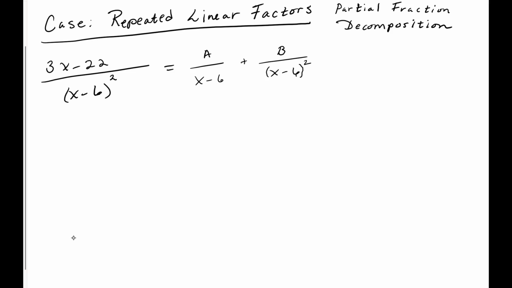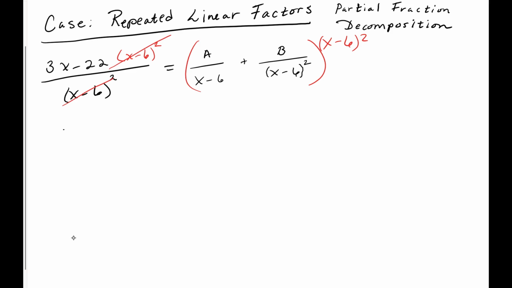So what we're going to do, same thing that we've been doing, is clearing the denominators by multiplying everything by whatever the common denominator might be. So it looks like that, and this ends up crossing out.